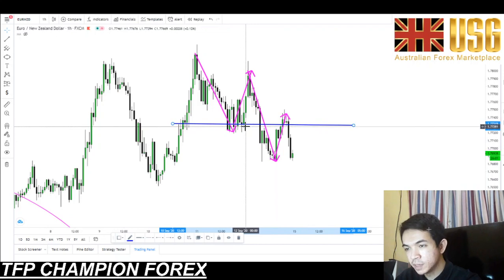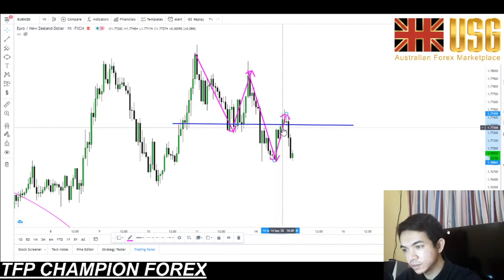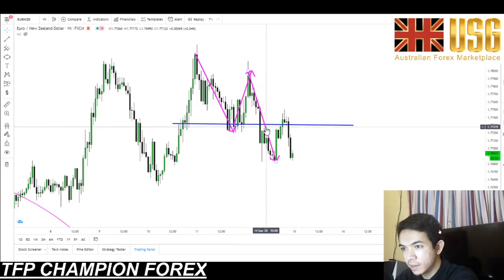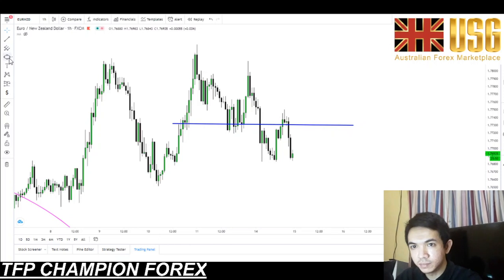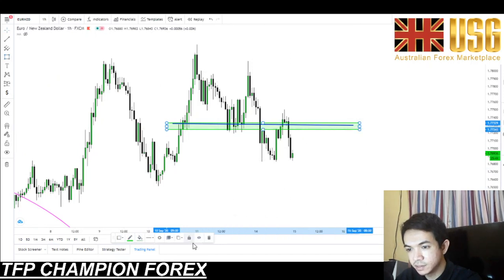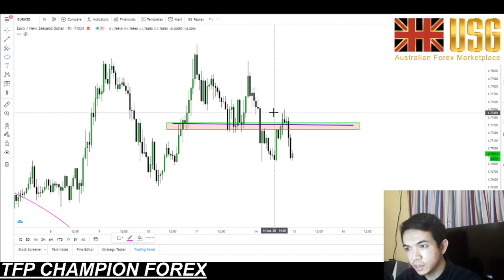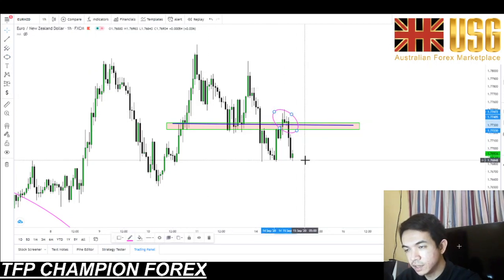You see, this support got broken, becomes new resistance. So I know I am below structure, at a resistance, and I found a selling pressure candle.